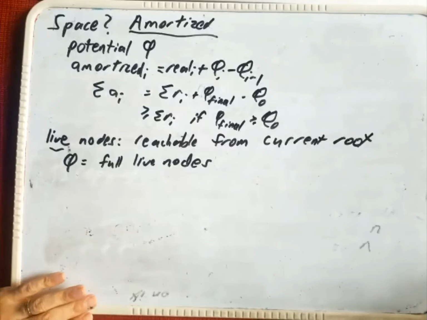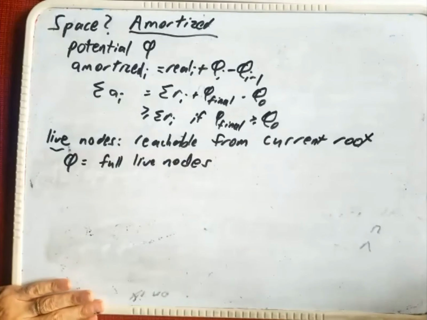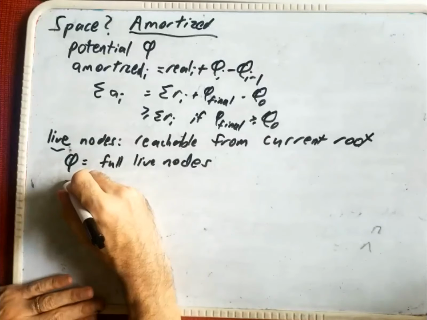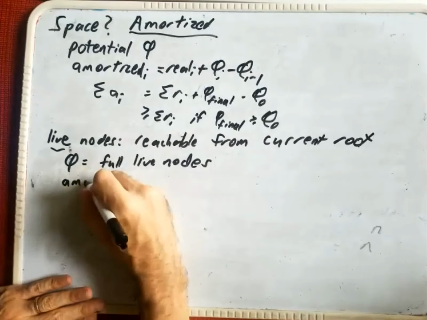Okay. So if this is our definition of the potential function, what is the amortized cost of copying a node? Well, there's two cases to consider. One is, or of a modification. So one possibility is to consider the modification when the extra field is empty.